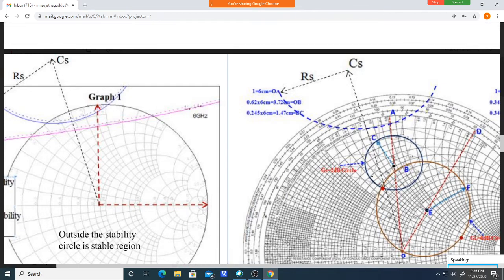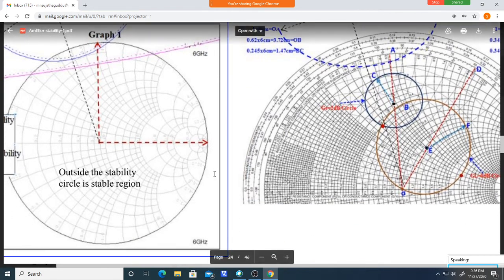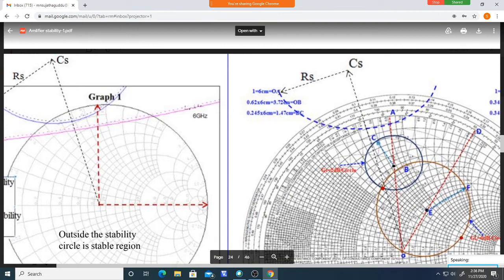Now see why we drew the stability circle previously. Actually, this is just the input stability circle. See our value, this 2 dB circle we have drawn. This circle, you can see, is outside this input stability circle.